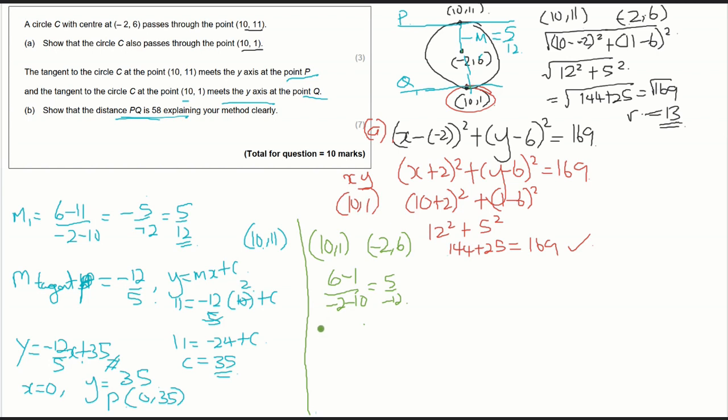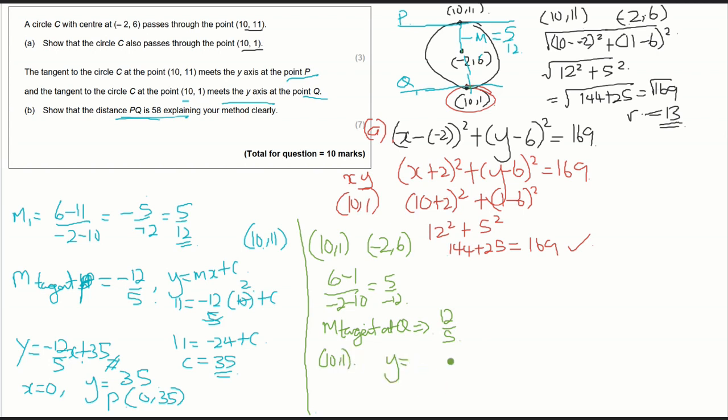Therefore, this is the gradient for the line from the center to 10, 1. So the tangent gradient should be the reciprocal with the opposite sign. So the gradient for the tangent at Q would be positive 12 over 5. Now use the coordinate 10, 1 and form the equation.